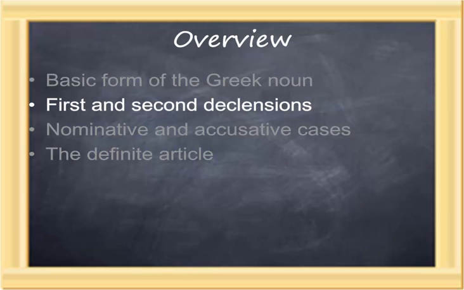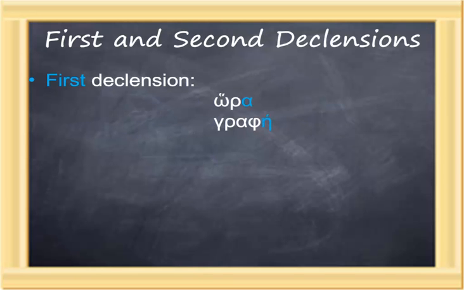We've covered the basic form of the Greek noun. Let's turn next to the two patterns of inflection we're going to start learning today, the first and second declensions. The first declension is characterized by a stem that ends either in the vowel alpha or eta, as seen in these two examples, hora and graphe.